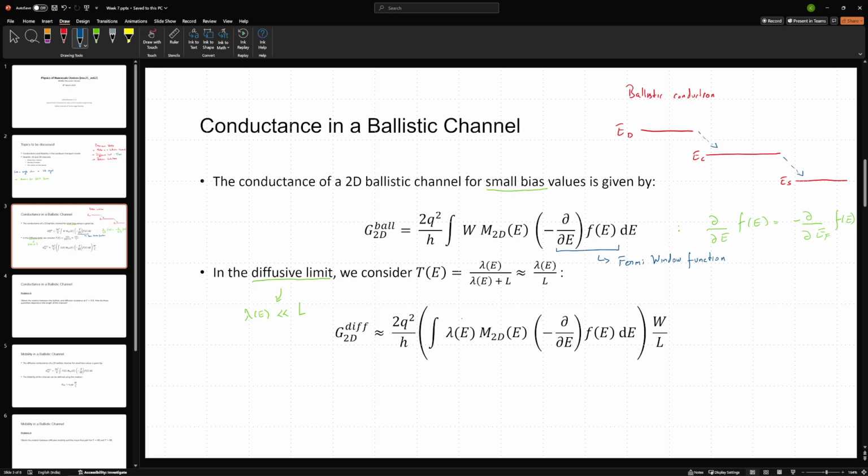And in that case, the diffusive conductance is going to be written like this. So this is a 2D channel.